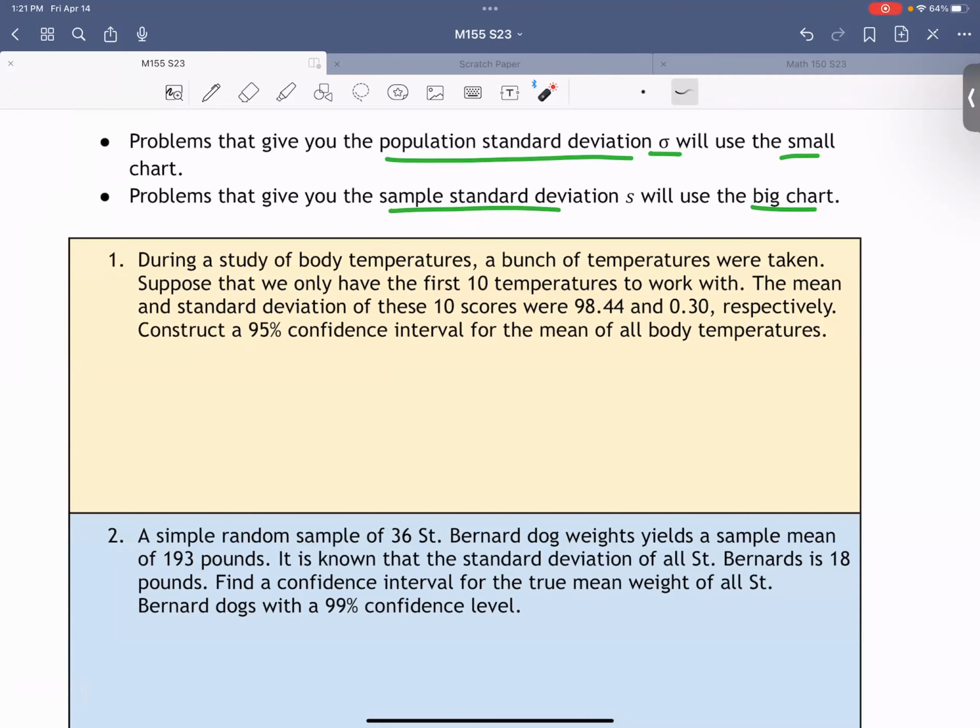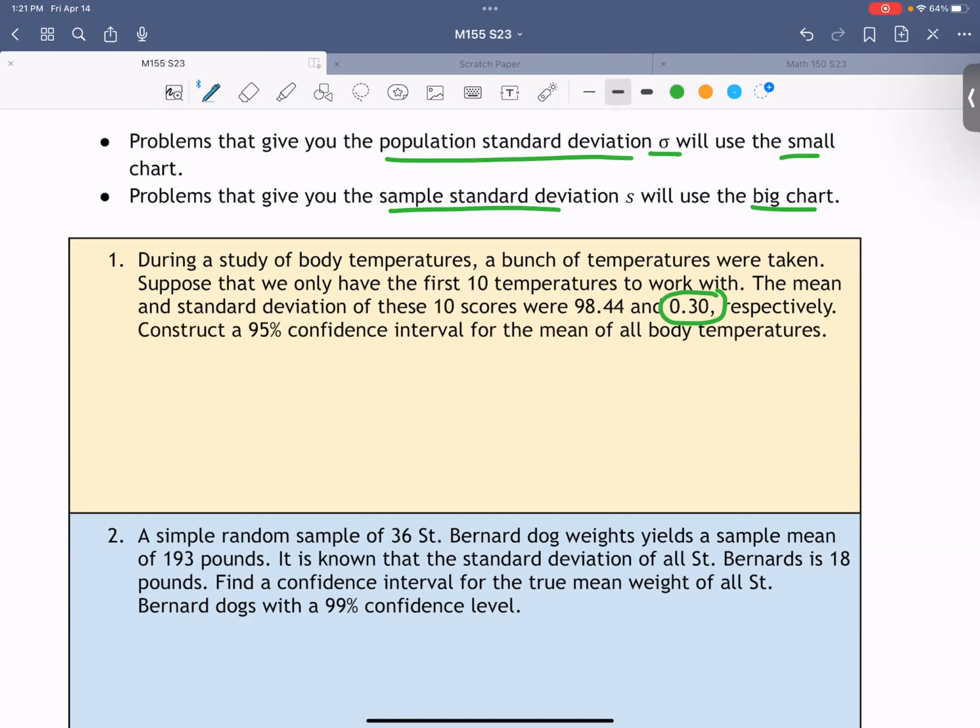It says the mean and standard deviation of these 10 scores were 98.44 and 0.30 respectively. Well, the question just gave me the standard deviation, 0.30. I don't have to read the rest of the question, because the only thing that tells us which chart to use is the standard deviation. So now all I have to figure out is if this is a population or a sample standard deviation.